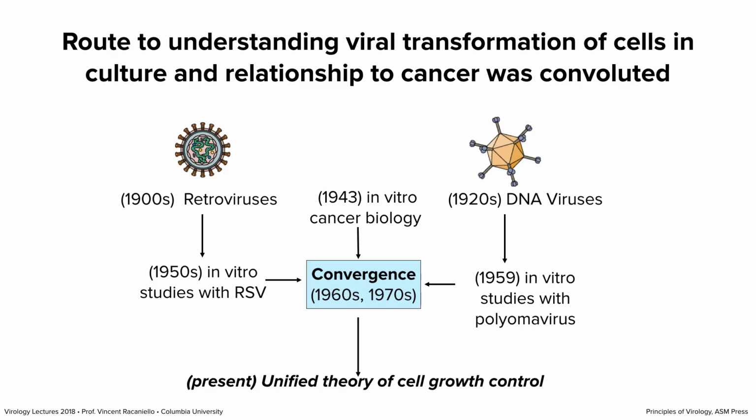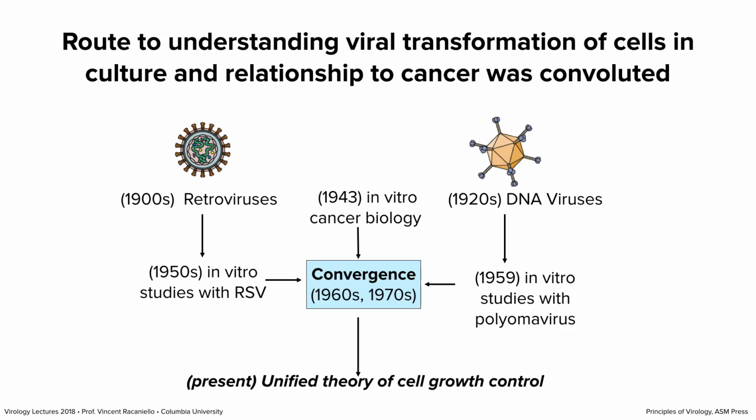Now what I'd like to do is to go through how we figured out what RNA and DNA tumor viruses did in order to transform cells. And this is an amazing era in molecular biology, because in the end, it led to a unified theory of growth control of cells. It was viruses that showed the way. We have retroviruses discovered in the early 1900s.